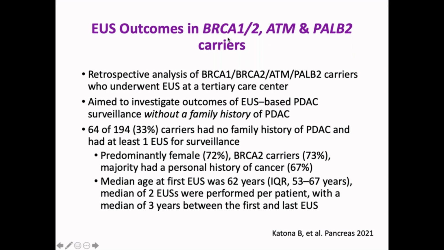So this study was really great in that it showed us outcomes specific to germline mutation carriers. It is not uncommon to see these patients in our clinics because they've been diagnosed with breast cancer or have a strong family history of other malignancies and are found to carry these mutations.